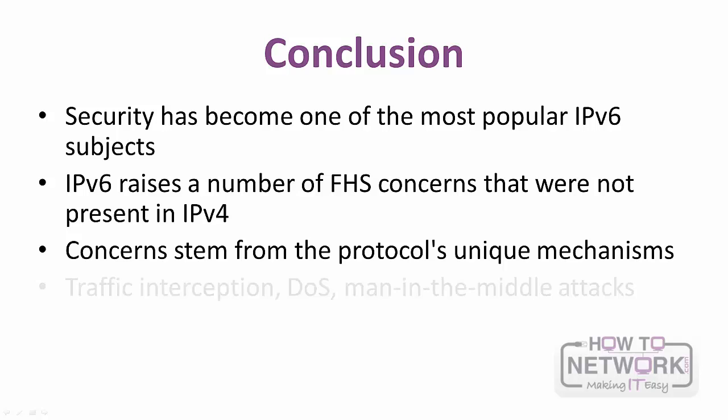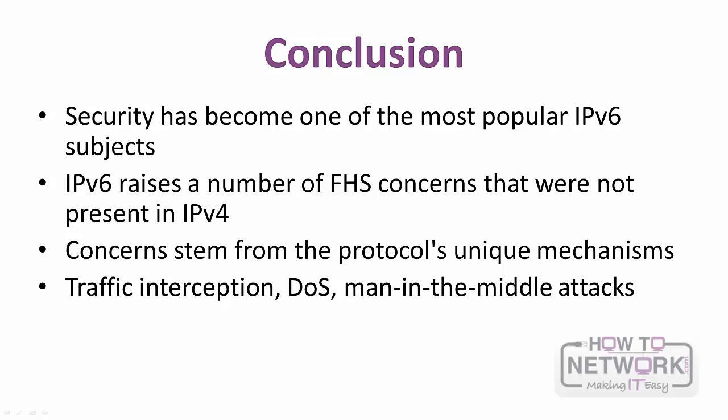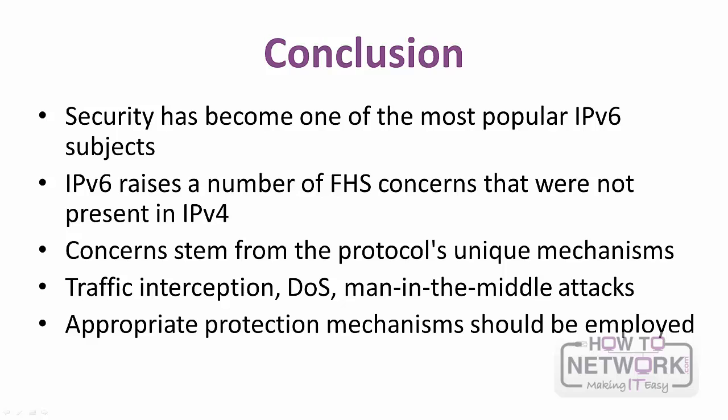These mechanisms could allow an attacker to deploy attacks such as traffic interception, denial of service, or man-in-the-middle. Clearly, first-hop security should not be neglected, and appropriate protection mechanisms should be employed when possible.